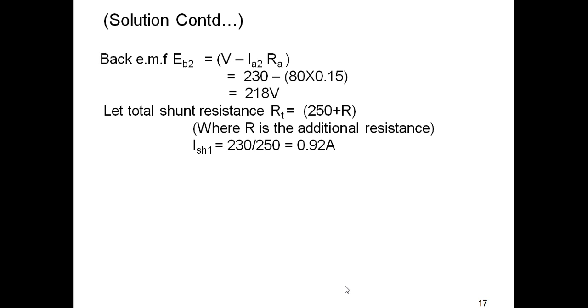Before insertion of this resistance, the value of ISH1 is equal to 230 by 250 is equal to 0.92 amperes.